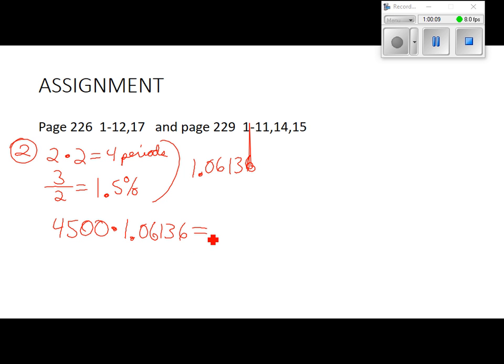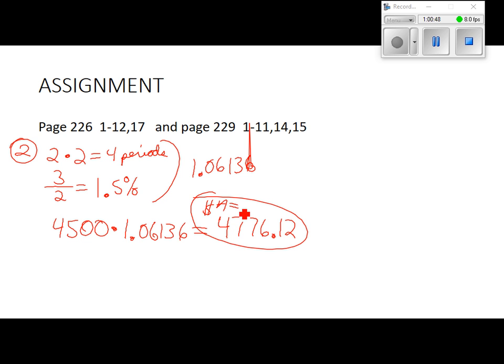What's that give us? $4,776.12. Say it again. $4,776.12. Anybody else get that? Yep. That's the amount.